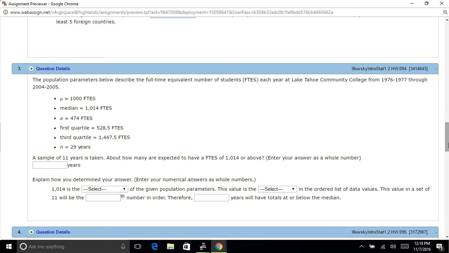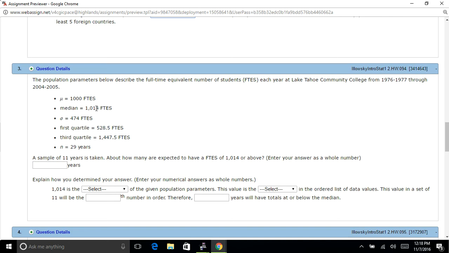About how many years are you expected to have with a number of students of 1,014 or above? All right, so what would I do for that one? So I'm going to multiply 11 times, let's see. Oh, I'm sorry, I did that wrong. Median means half, right? So your median is 50% of the data.